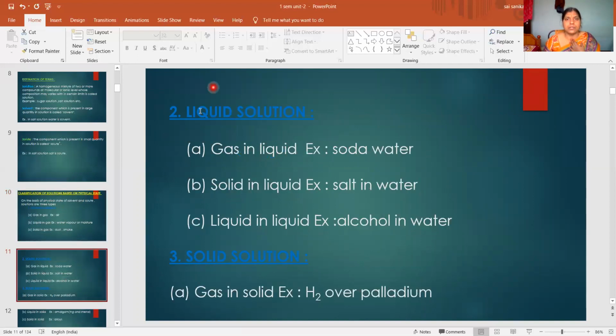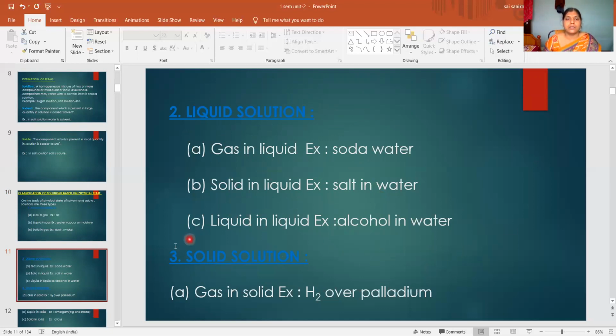Then liquid solutions, the solutions in which liquid is solvent and solute may be gas or solid or liquid. These solutions are three types: gas in liquid, example soda water; solid in liquid, salt in water; and liquid in liquid, alcohol in water.